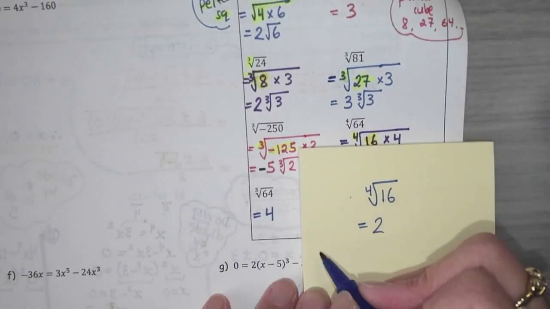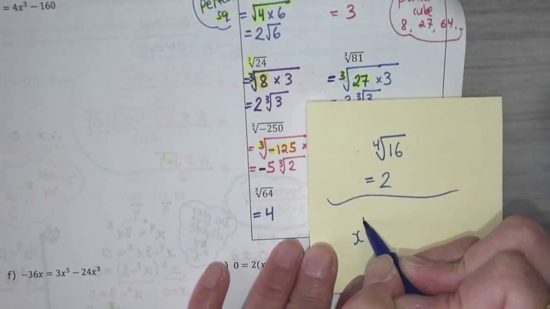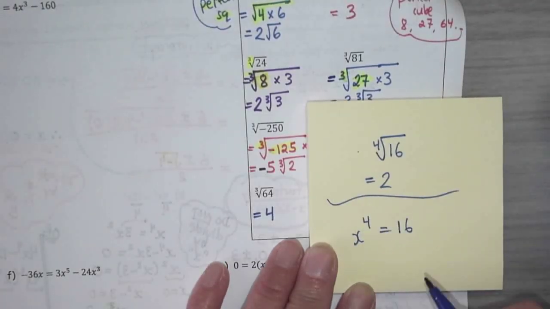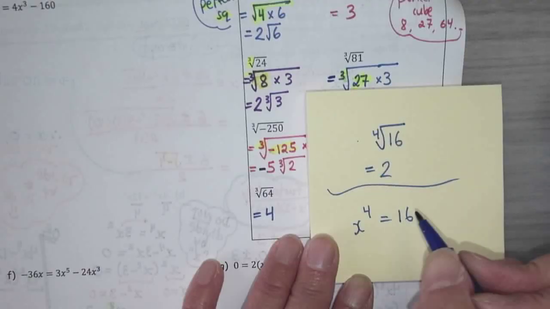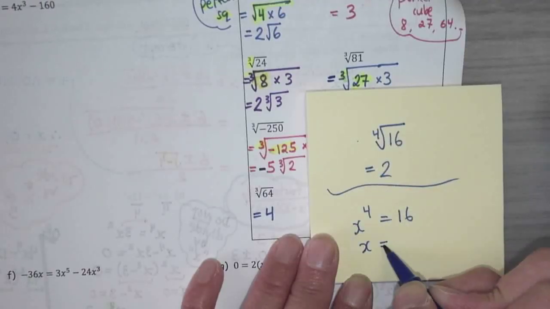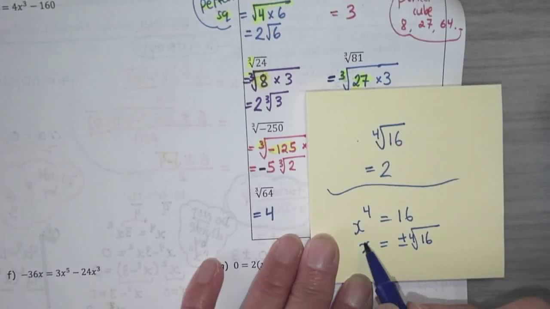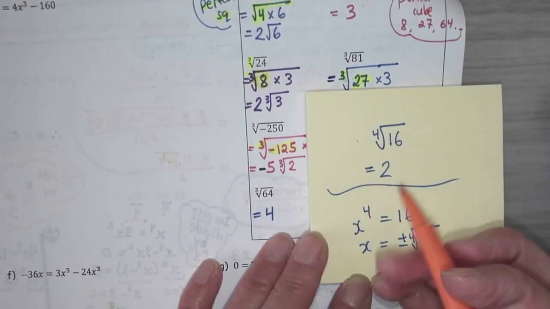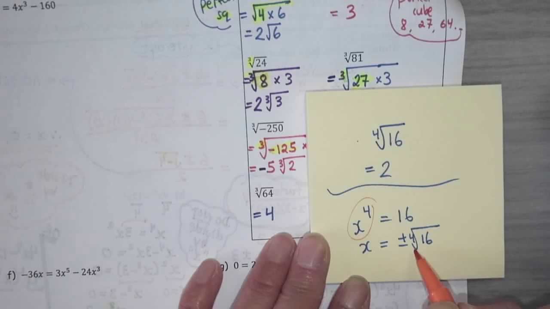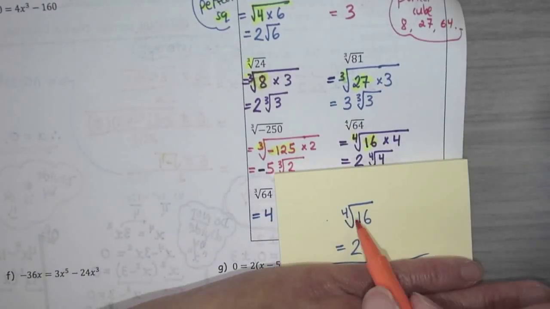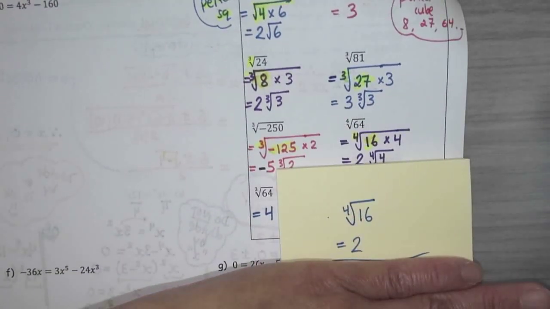The reason why you get the plus minus is this case. If I start you with x to the 4, then you're making the root. So that's when you do this, plus or minus 4th root of 16. So that's when you start from this, you're getting the plus minus. If the question is just what's the 4th root of 16, don't plus minus it.